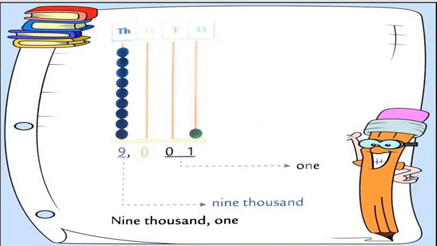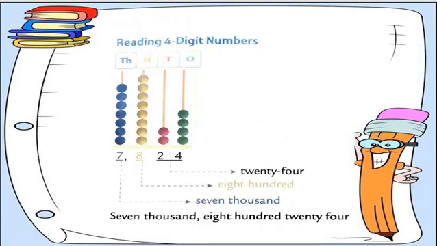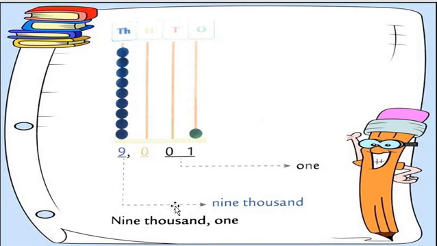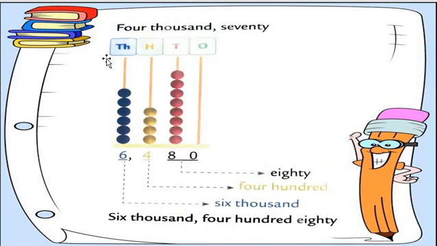Okay, first of all, what did we learn here? We learned 7,824. Then we learned 4,070, and then 9,001. And now the last one is what? In the 1000 place 6: 1, 2, 3, 4, 5 and 6.